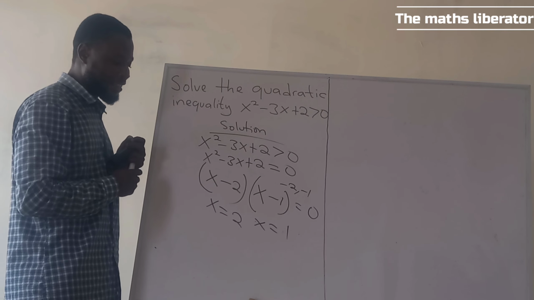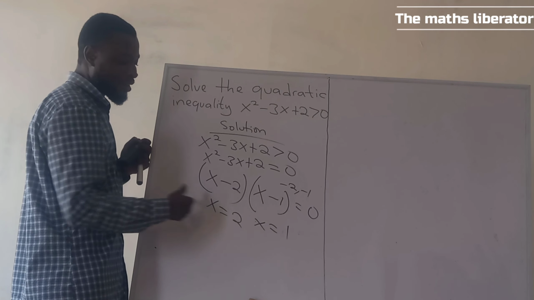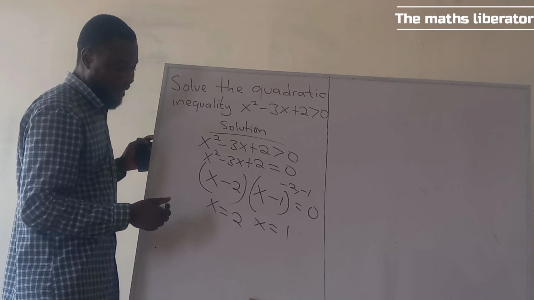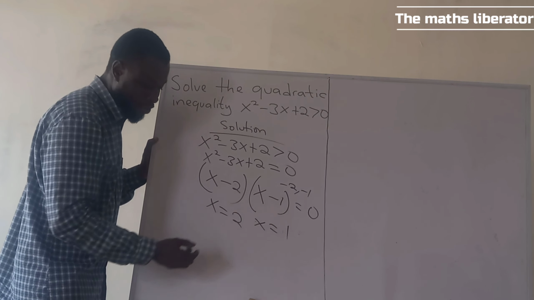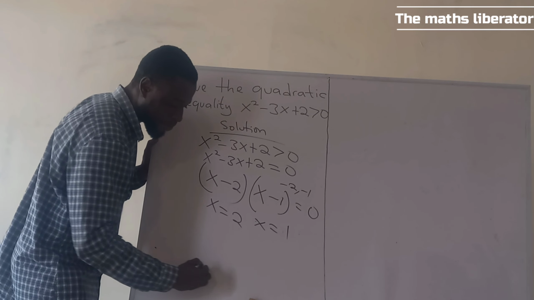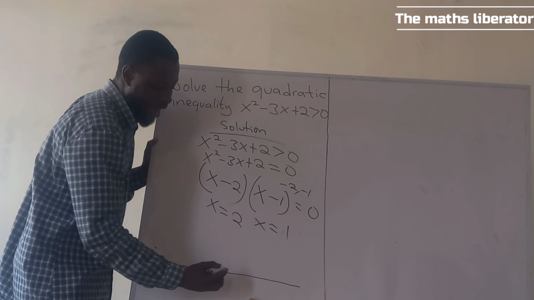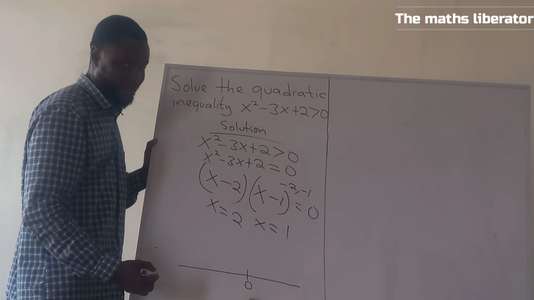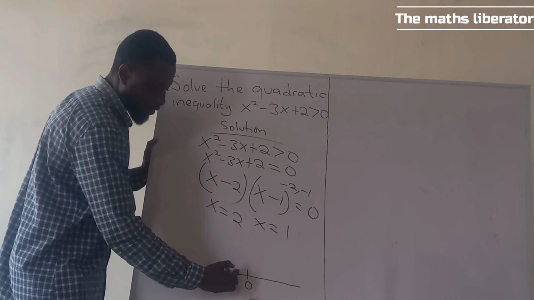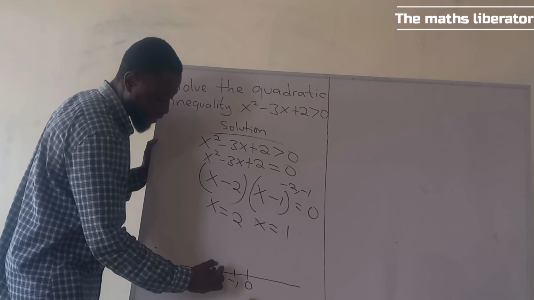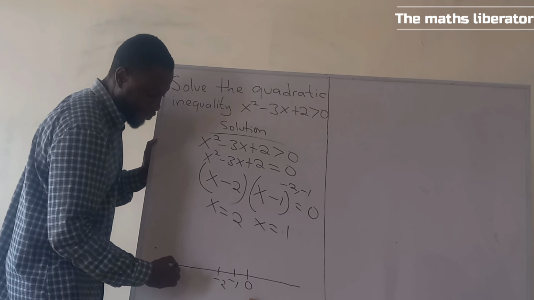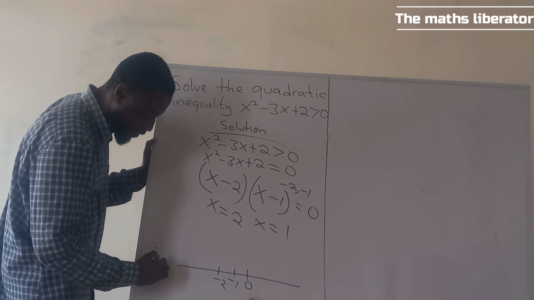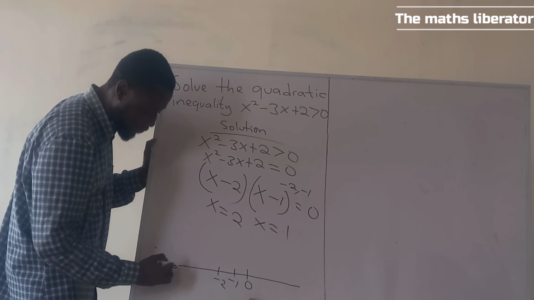Now the second step, you have to draw the Cartesian plane. But in this case, our interest is on the x values. So we have to draw the number line, since the numbers will be on the x-axis. The middle number will be 0. To your left side will be negative numbers, to negative infinity.